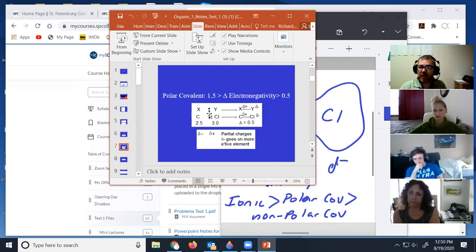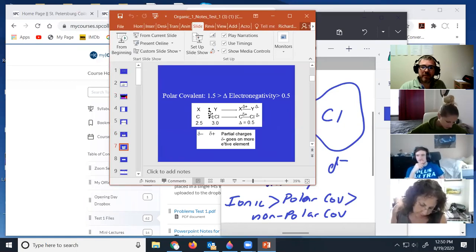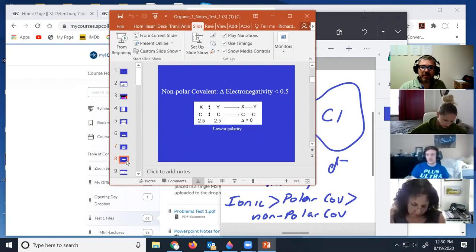They're in between, but they're shared. It's just that one has it more than the other. Oh, so because they're sharing, one's going to become a little bit more negative of a charge. Okay, I gotcha. Thank you. Yeah, and then the one with the non-polar, it's because they're the same element and they're equally sharing. Dead right. That's exactly right.